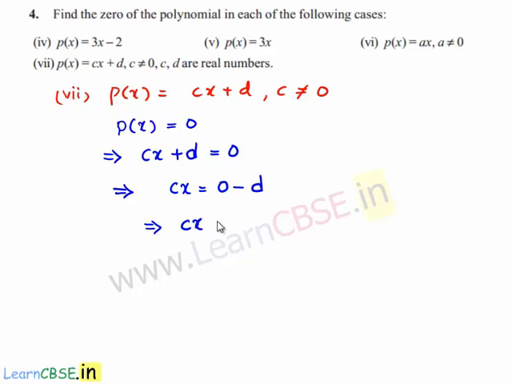That gives cx is equal to minus d. Transposing c to RHS, we get x is equal to minus d upon c. Therefore, x is equal to minus d by c, which is the zero of the polynomial.